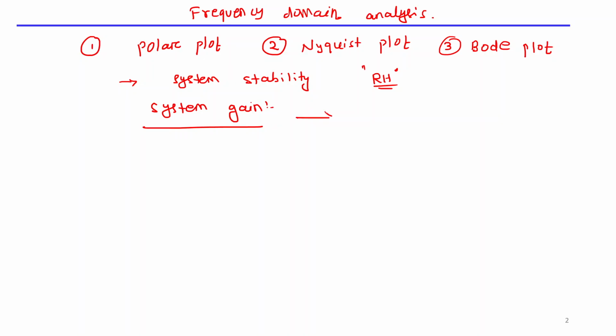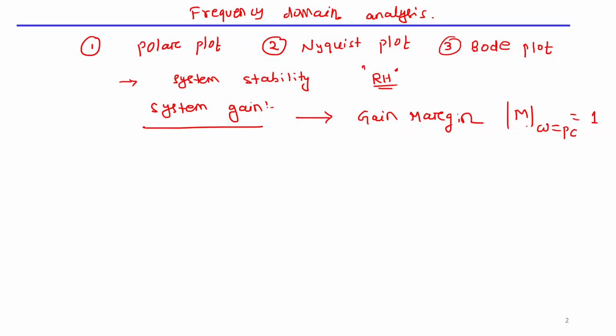Mainly it is defined by your gain margin. I think you have gone through the lectures, so you can understand what the gain margin is. Gain margin is the system magnitude at the phase crossover frequency; it should be one.